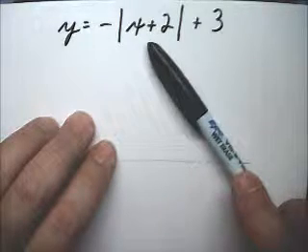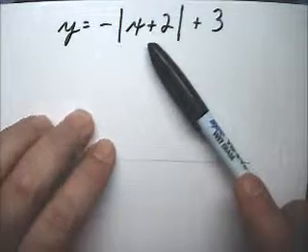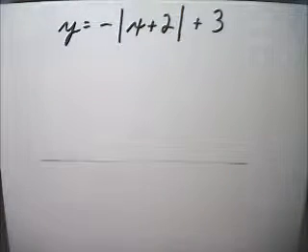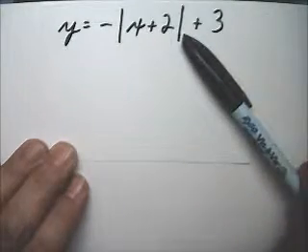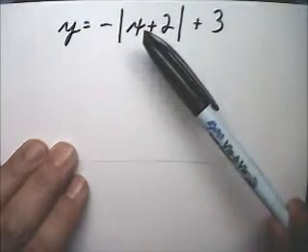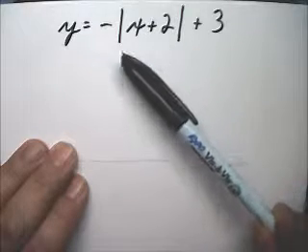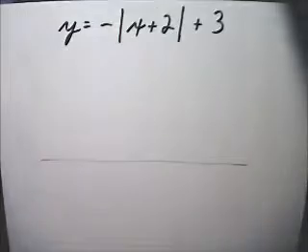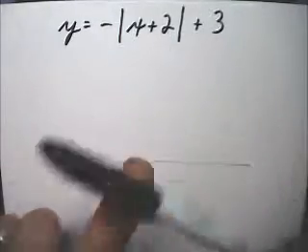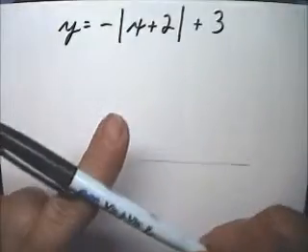So to graph this, we would have to graph both of those possibilities, and it would be quite a long process. We'd have to take the absolute value signs off, and we'd have to put a minus x plus 2, and also do it for positive x plus 2. So we would have two equations that would give us two lines that met.